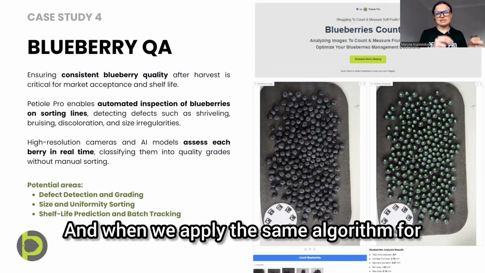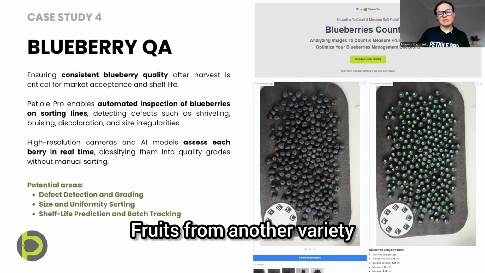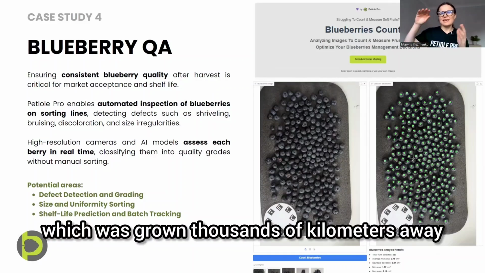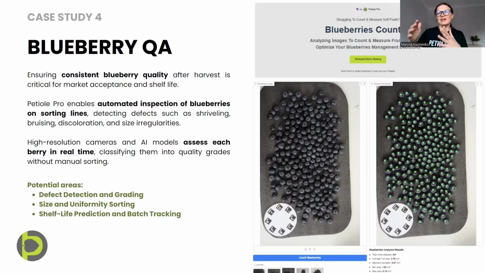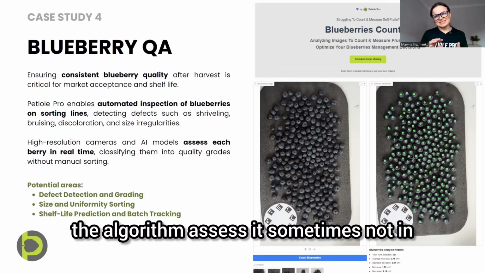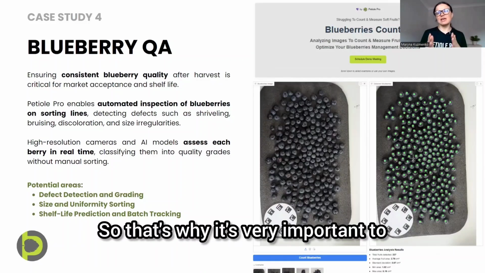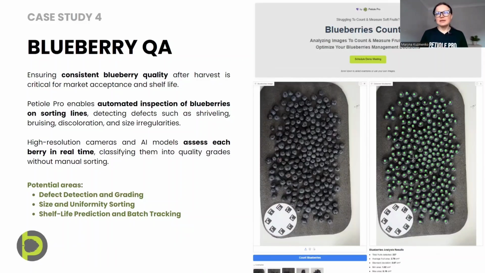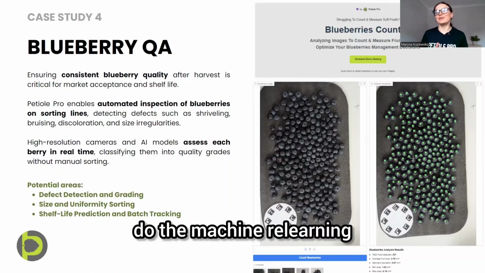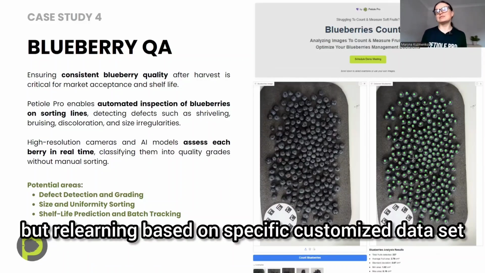And when we apply the same algorithm to fruits of another variety which was grown thousands of kilometers away, the algorithm sometimes does not assess it as correctly as it works with the initial photos. So it's very important to do machine relearning, not just learning, but relearning based on a specific customized data set.